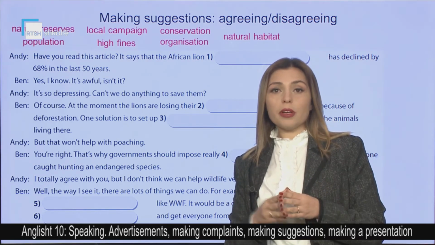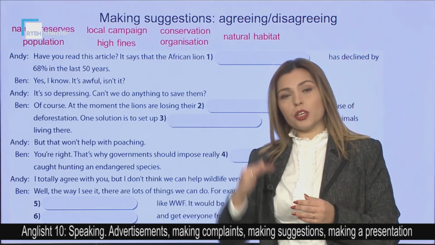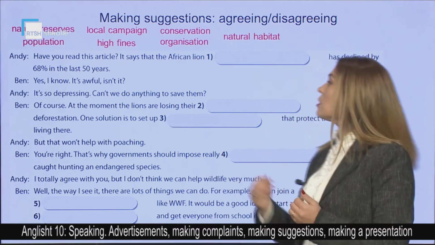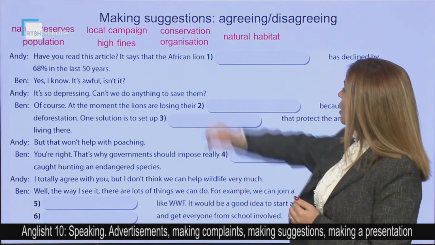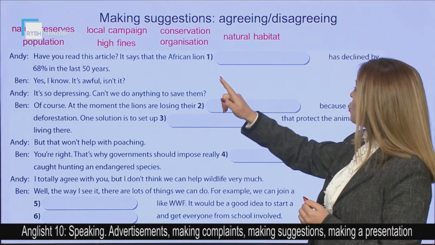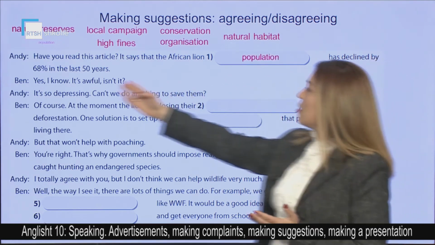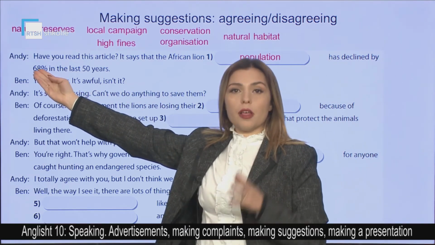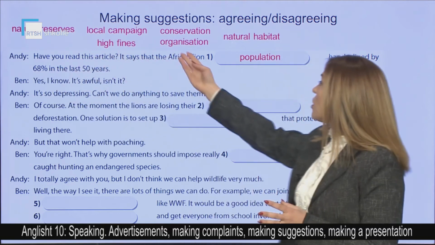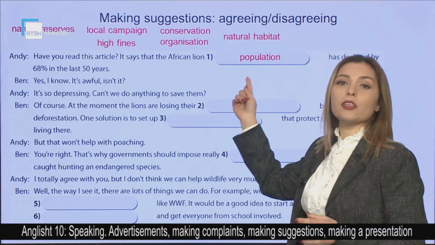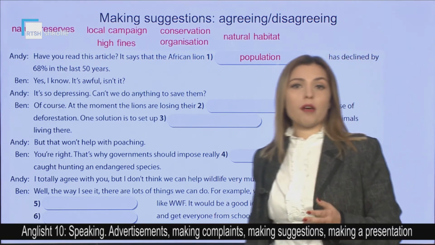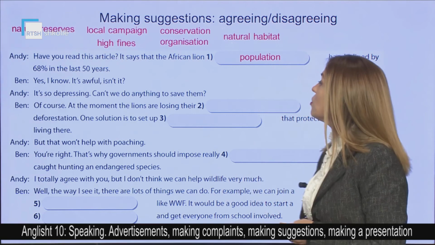So the number is not increasing, but it is decreasing. It is becoming less. The African lion population, of course. Now, it says that it has declined. This shows us that we're talking about the lion population. That's why I told you have to read up to the end of the sentence.